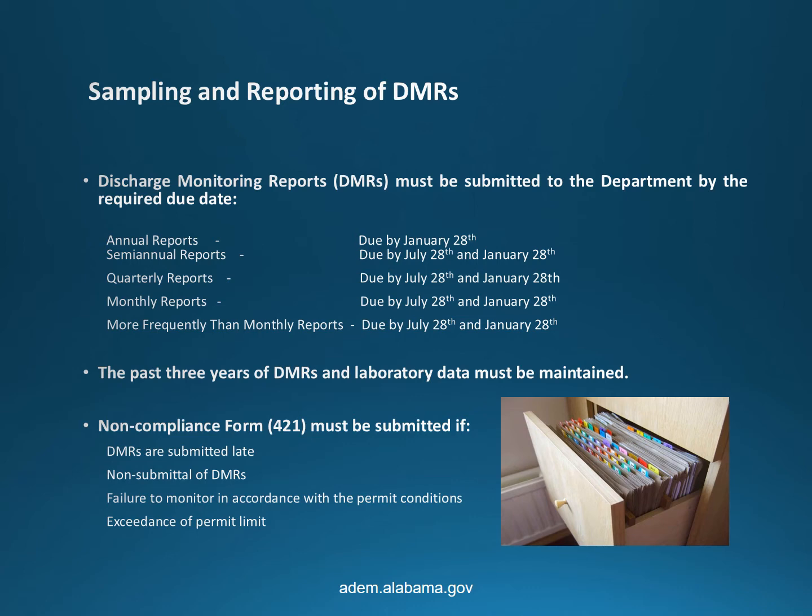Another common compliance issue with DMRs is failing to submit the non-compliance form. This form should be submitted if you exceed a permit limit, if your DMRs are received past the due date, if you fail to submit your DMRs, and also if you fail to monitor. This information is also located in your permit, so please read your permit.